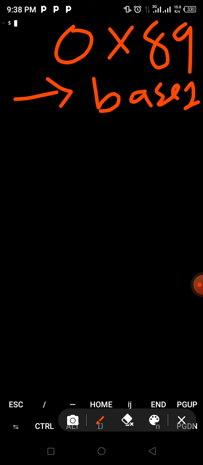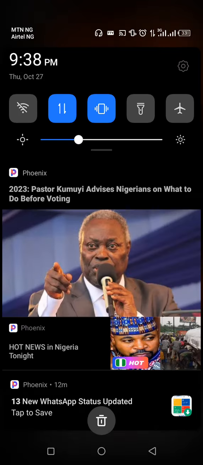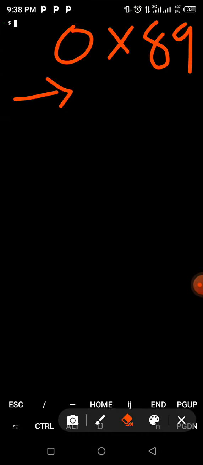To do that is also simple. So you know that we have 0x.